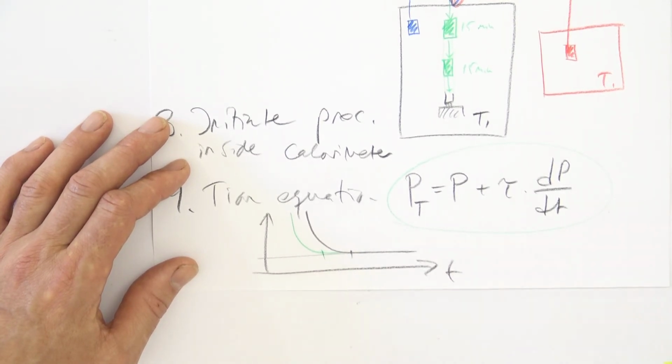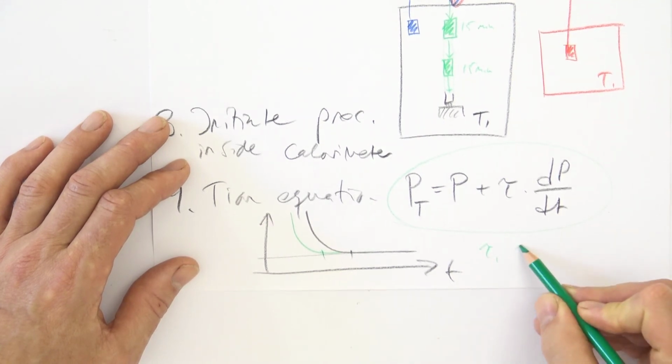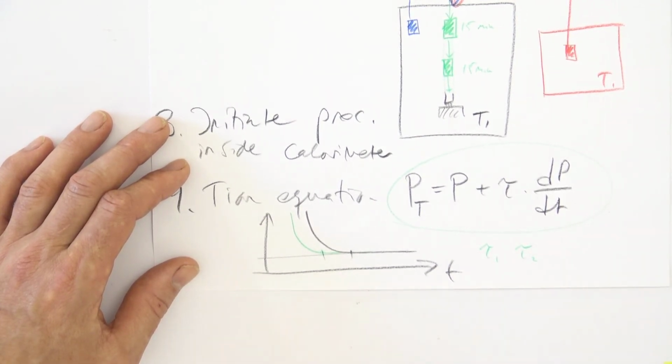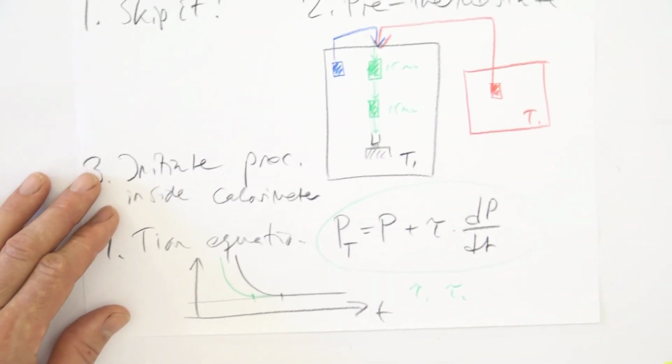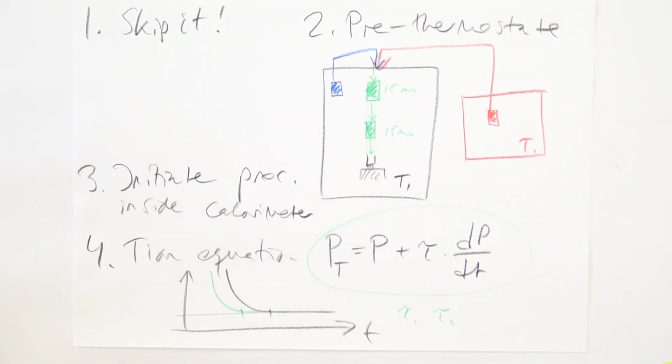So it's not a perfect correction, but it's at least better than not using it. There are other models where you, for example, have 2 time constants, and those models are better. And there are other more general models that can be used to correct for the thermal inertia of a calorimeter.